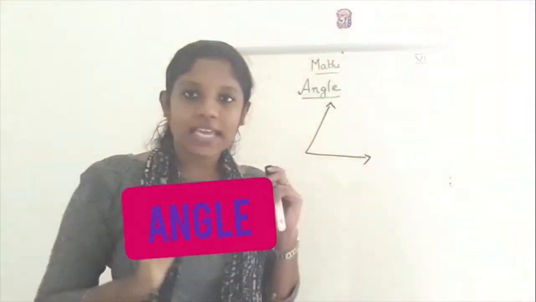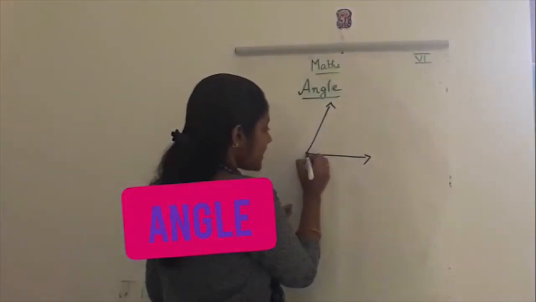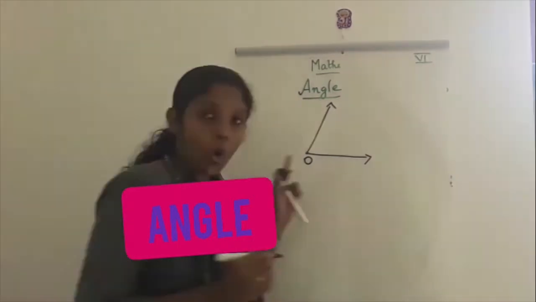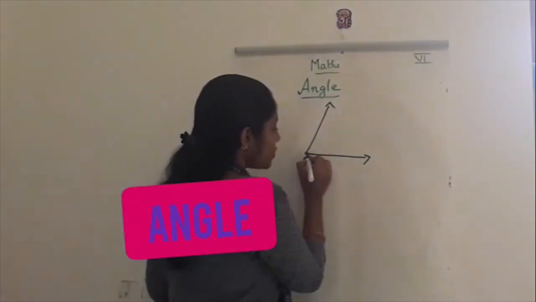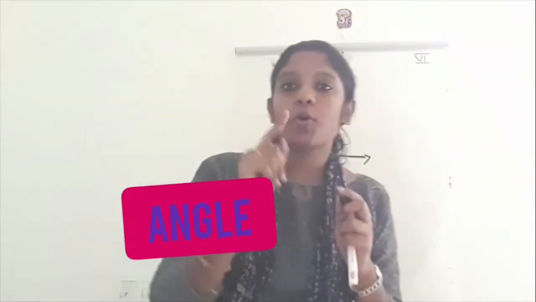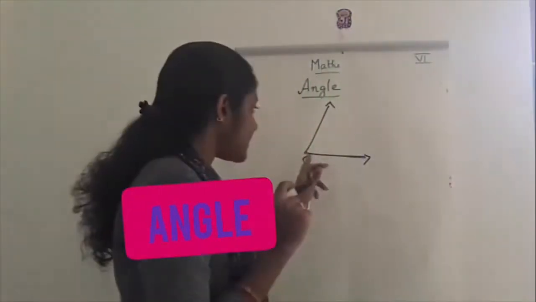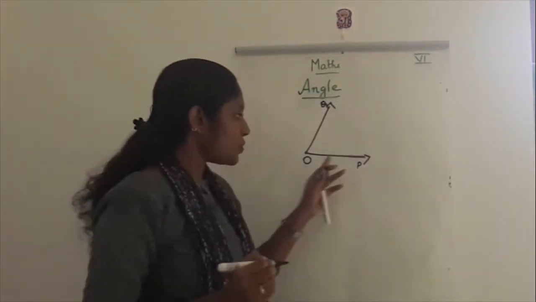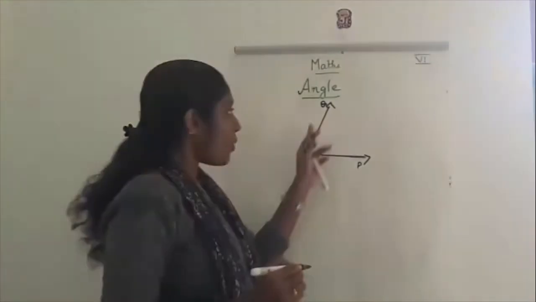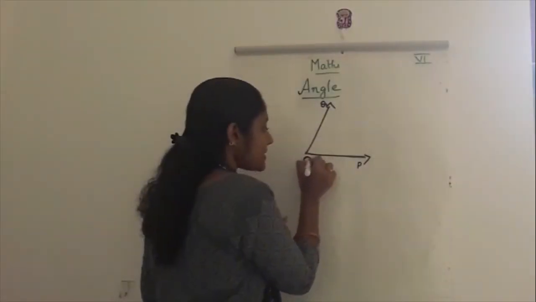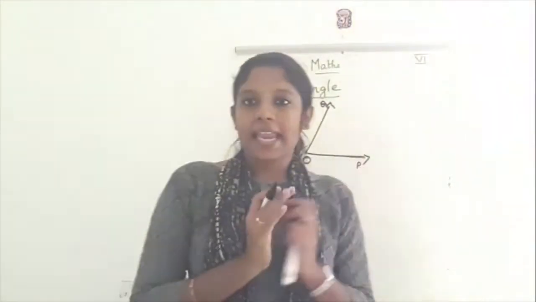From this you can see an angle has a common point, called O. Then an angle has two rays. A ray has one fixed point, but the other end is extended. OP and OQ are the two rays, and they have a common point called O. So this is an angle.